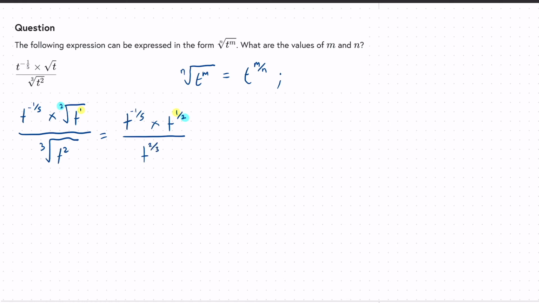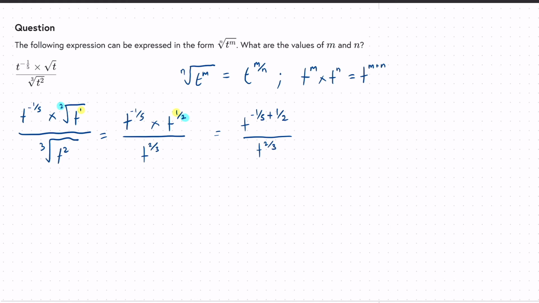Okay, now my second indices rule, when I'm looking at the top here, I'm multiplying indices with the same base. So if I do that, let's stick with t. So t to the m times t to the n is equal to t to the m plus n. All right. So t to the negative 1/5 plus 1/2, and we're dividing by this here.